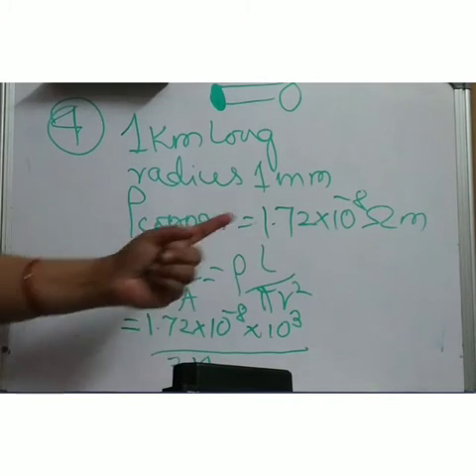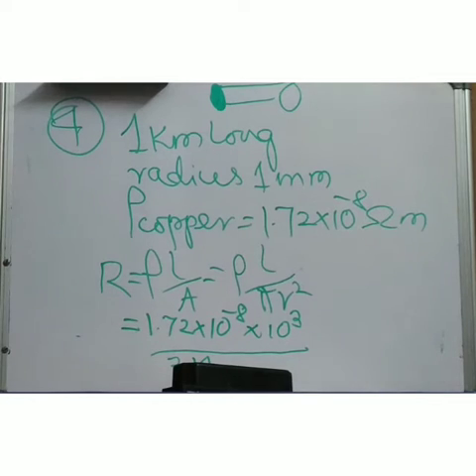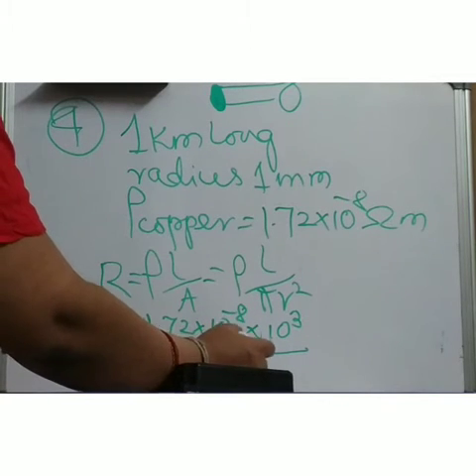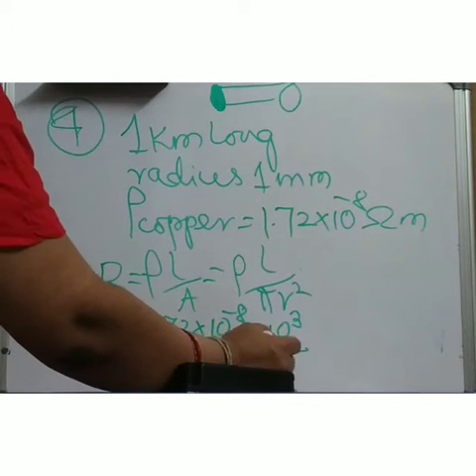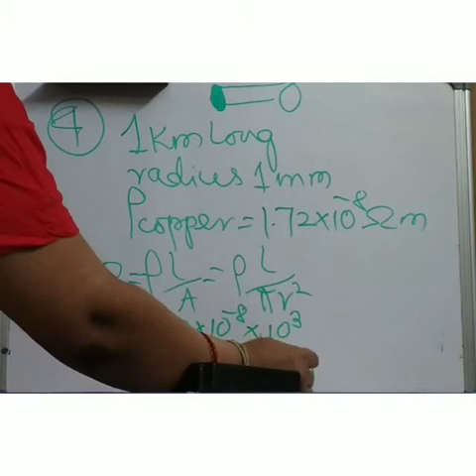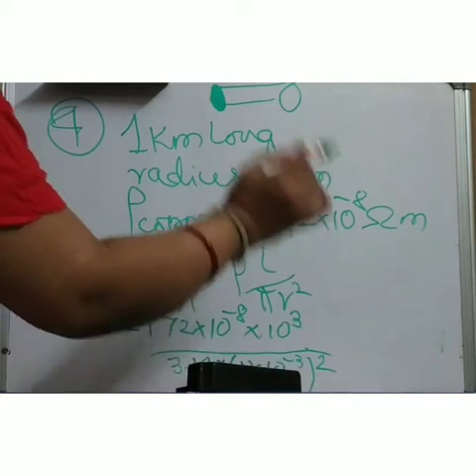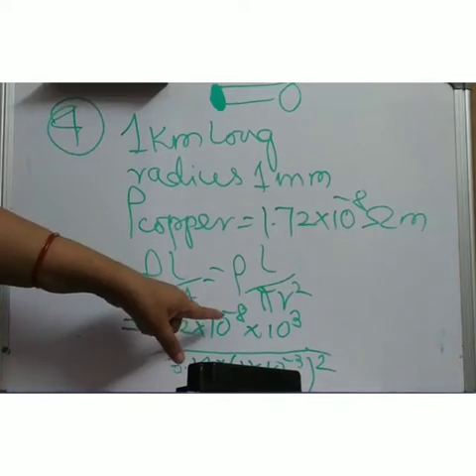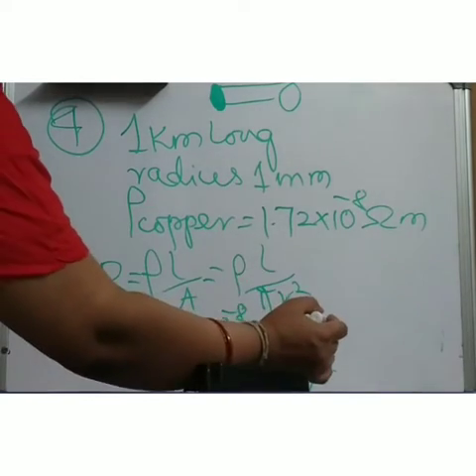And r square: r is given as 1 millimeter, so you have to convert into meters. 1 millimeter in meters is 1 into 10 to the power minus 3, squared. This is simple mathematics. So you get 1.72 into 10 to the power minus 5.